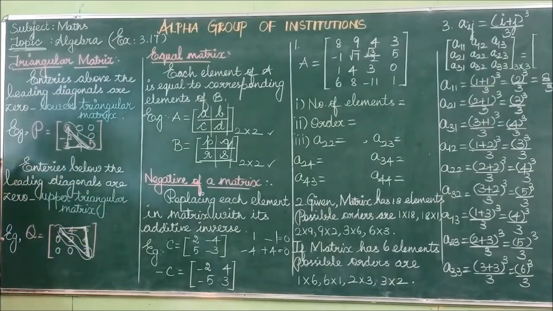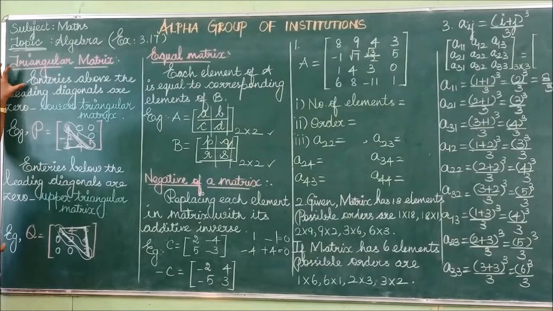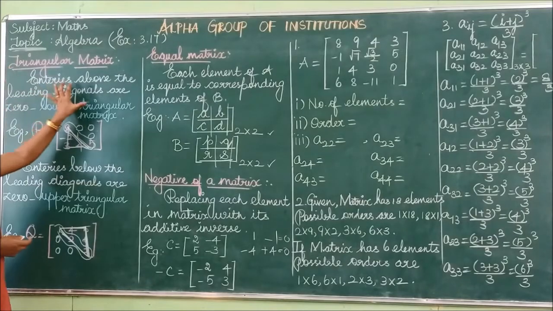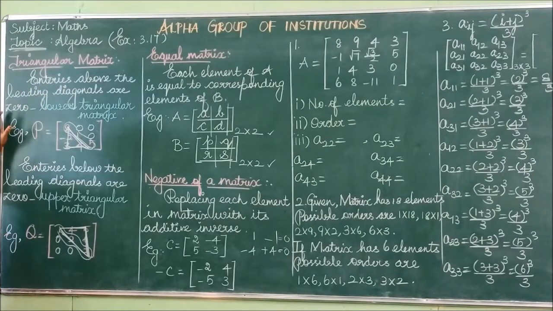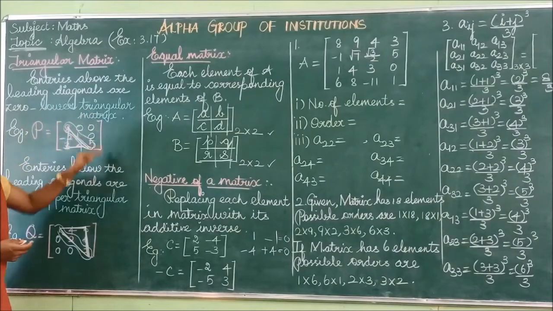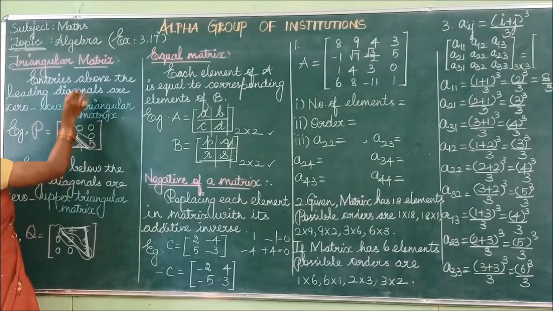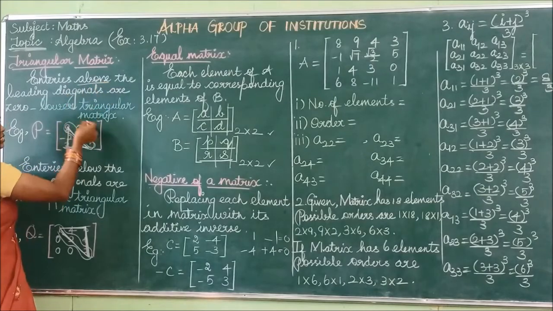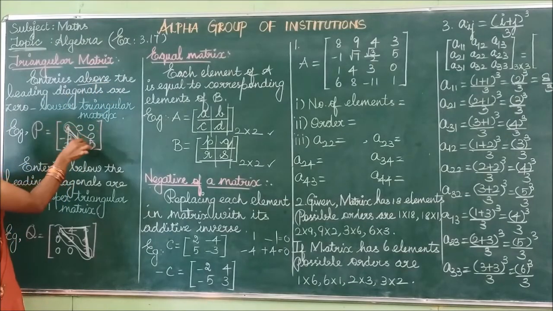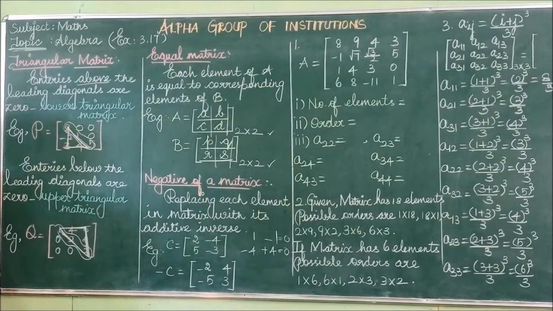So listen once again: triangular matrix, equal matrix and negative of a matrix. What do you mean by triangular matrix? Entries above the leading diagonal are 0 is called a lower triangular matrix, because it is in the form of a triangle.